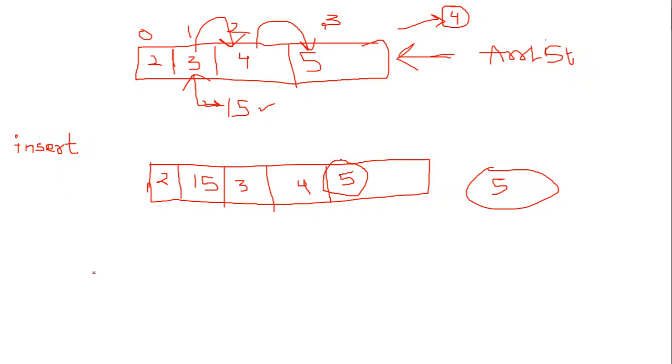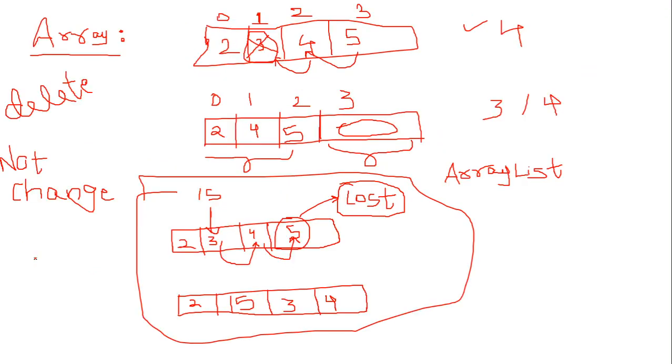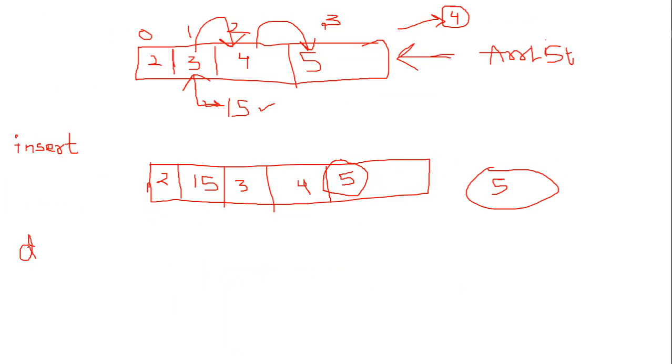So I was taking one more example, deletion. Earlier you can see in deletion you are wasting one space, because the size remains fixed. You have no element here. But if you use array list, suppose a deletion operation is performed on array list.